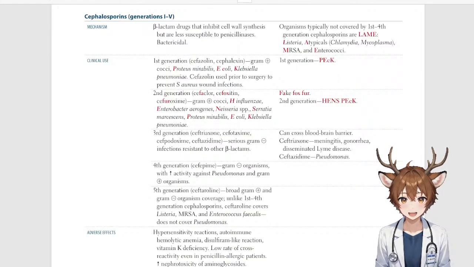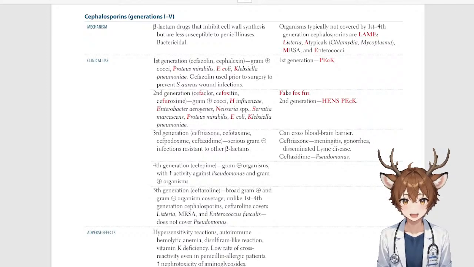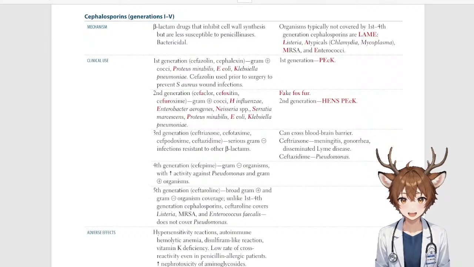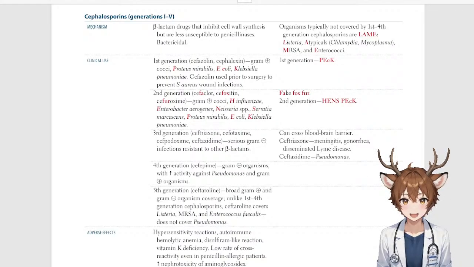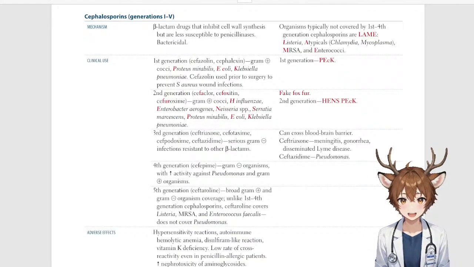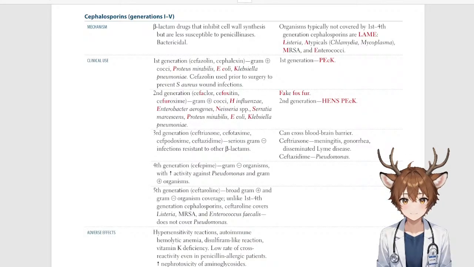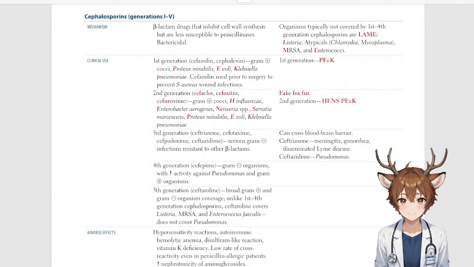What about clinical use? First generation cephalosporins, that is to say cefazolin and cephalexin: gram-positive cocci, Proteus mirabilis, E. coli, Klebsiella pneumoniae. Cefazolin is used prior to surgery to prevent Staph aureus wound infections. First generation, positive PEC.